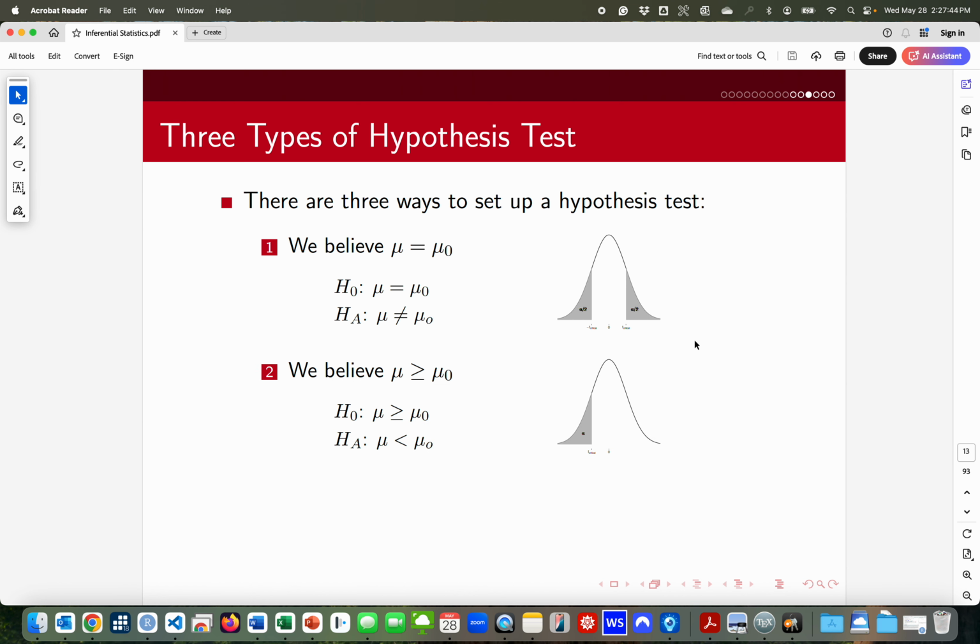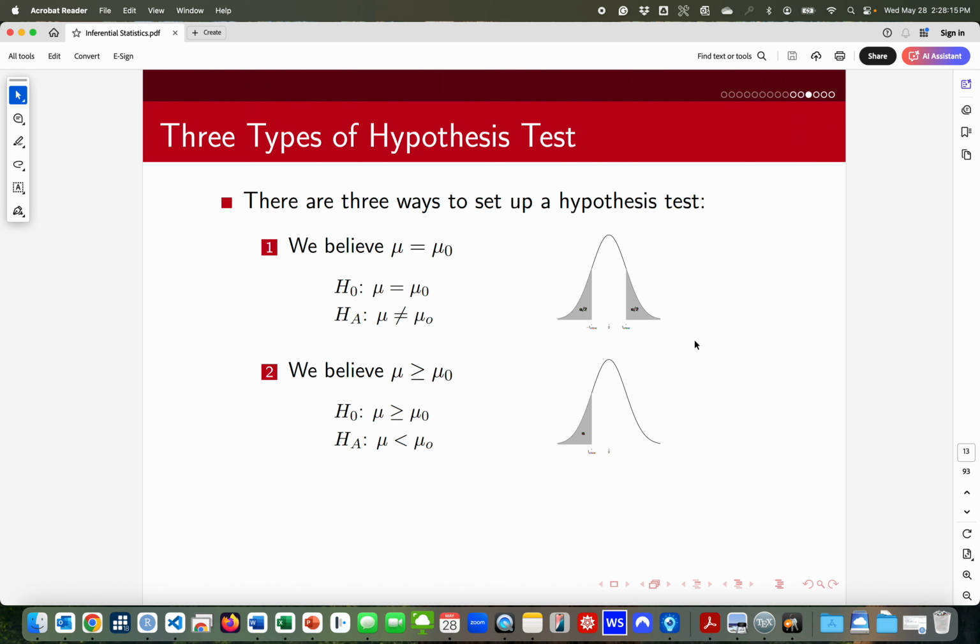The other claim could be that the population parameter mu is greater than or equal to some value. And if you claim that it's greater than or equal to some value, I can only reject the claim if what I observe is significantly or sufficiently less than what you claim. So if you say the true mean for Microsoft is greater than or equal to 3.5%, and I observe negative 5%, maybe I can reject your claim.